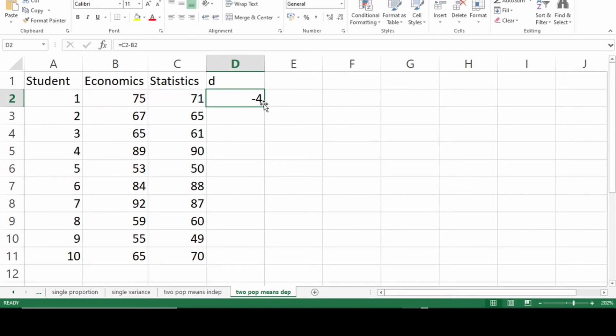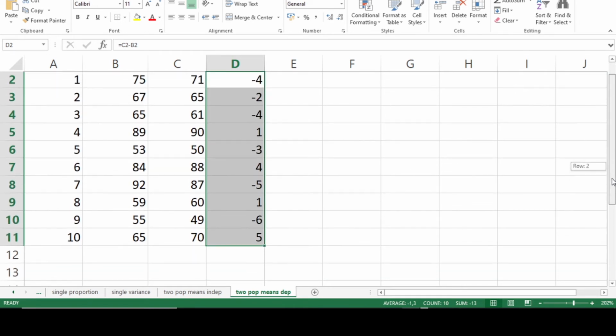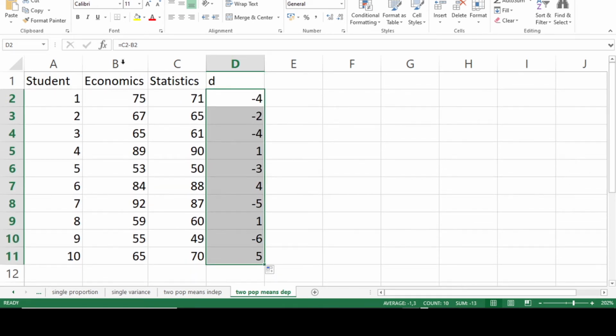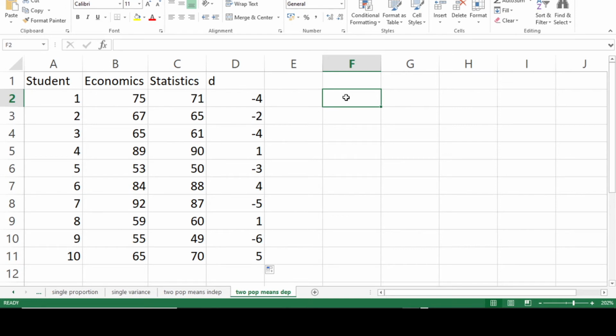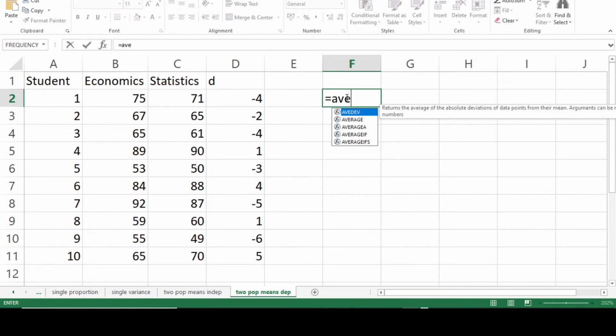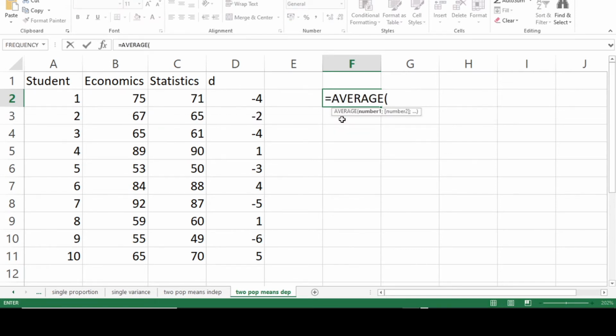That is the difference for the first student, and we do that for all 10 students. So now we work only with the differences. We ignore the rest of this information and work only with the differences. And for our test statistic, we need the mean and the standard deviation of the differences. So I will now calculate the mean, or the average, of the differences.